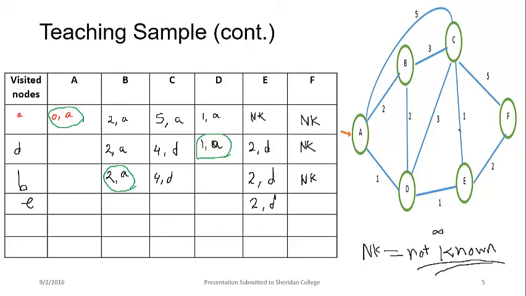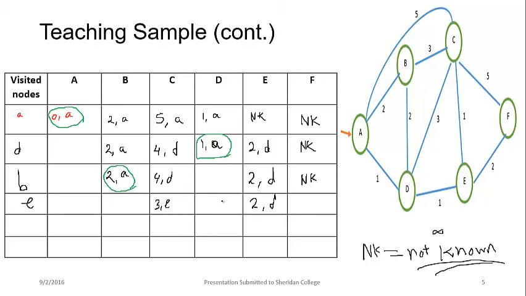So 3 from E is better than 4D. It gives me 3E. Why? Because my visiting node is E.